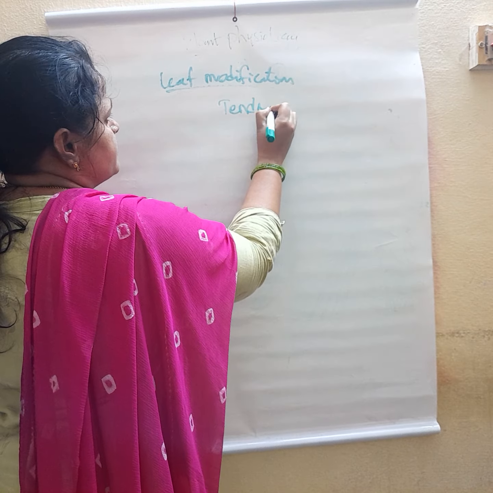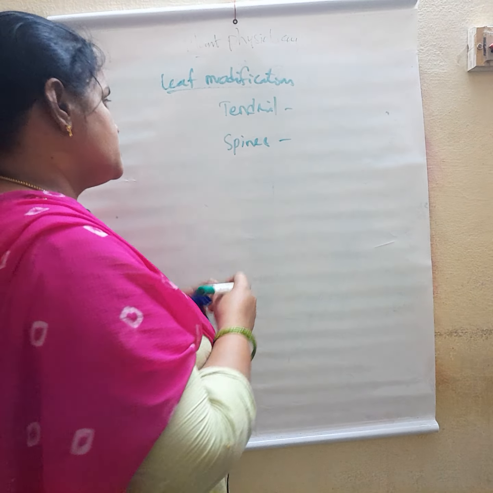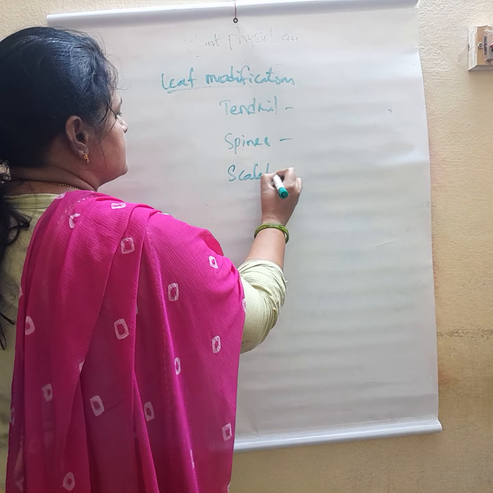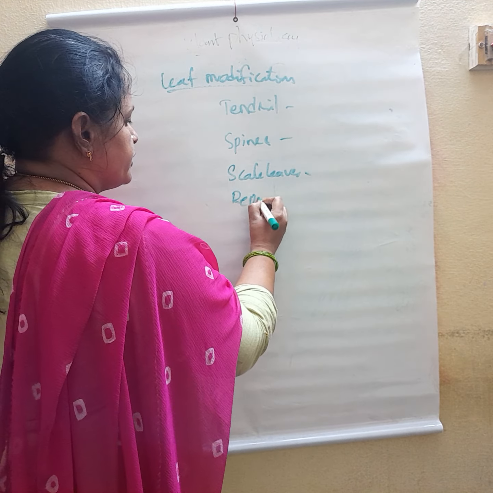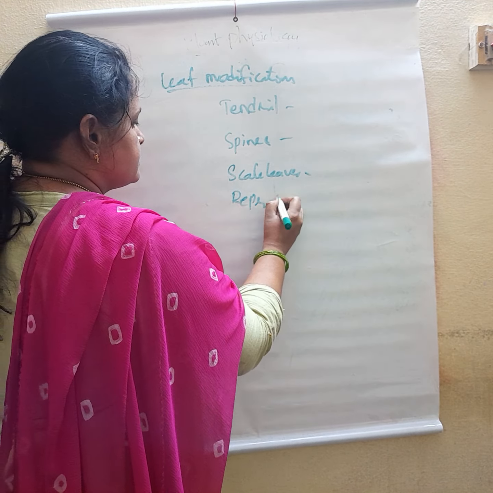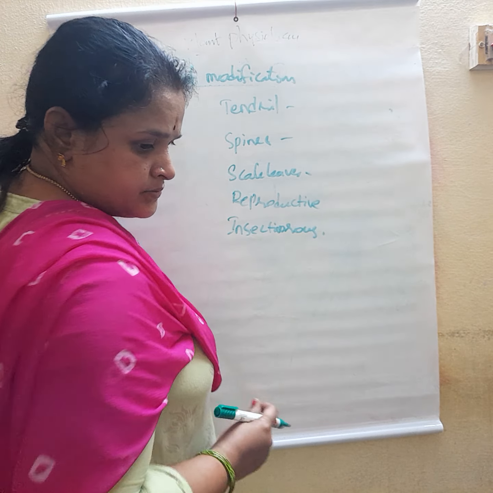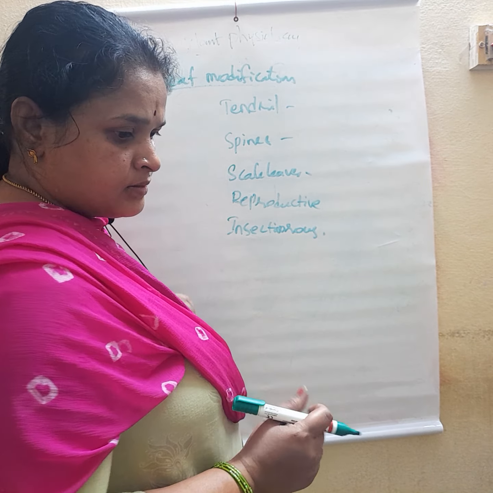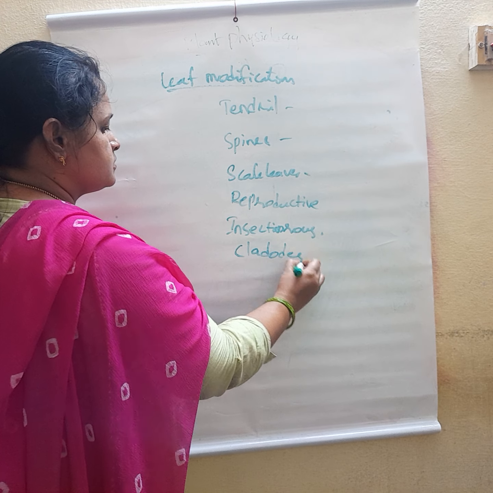Leaves may turn into tendrils, spines, scale leaves, reproductive leaves, insectivorous leaves, and sometimes cladodes.